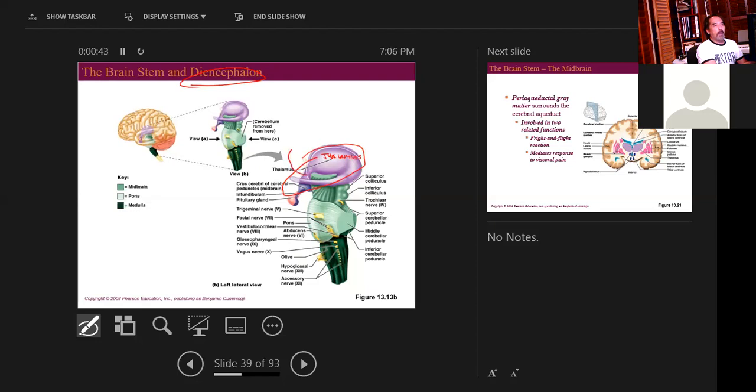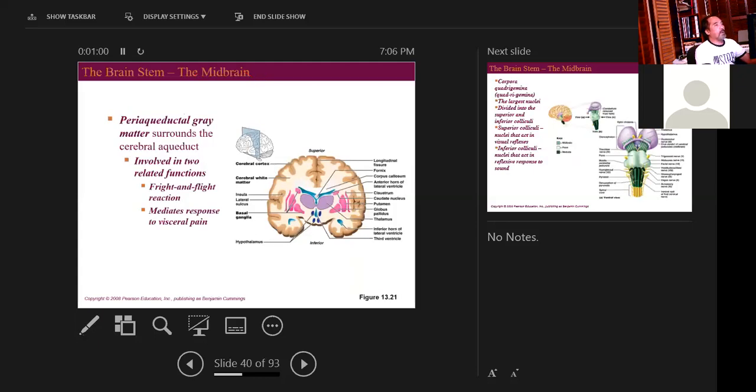The hypothalamus, below the thalamus, and there's going to be something here at the back called the epithalamus. Those are the three parts of your diencephalon.